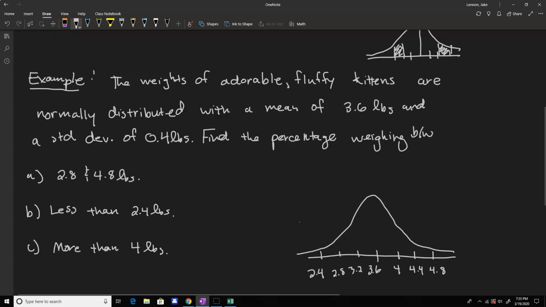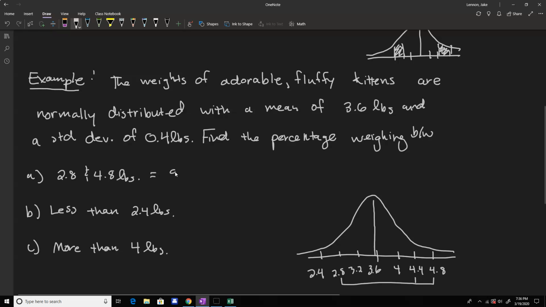So for the first question, we're going from 2.8, so this is the middle of our distribution. 2.8 is 2 below. 4.8 is 3 above, so we're 2 below to 3 above. So 2.8 to 4.4, this part would be 95%.